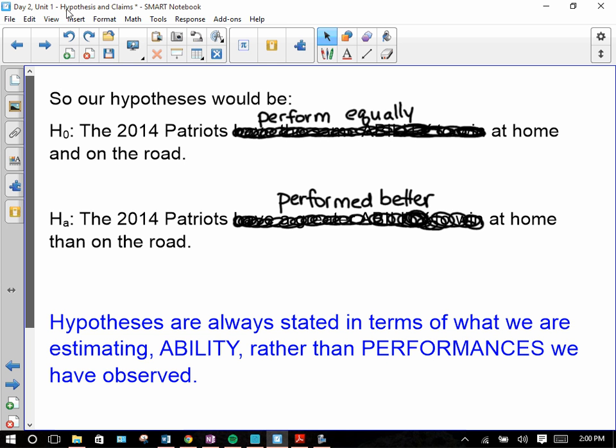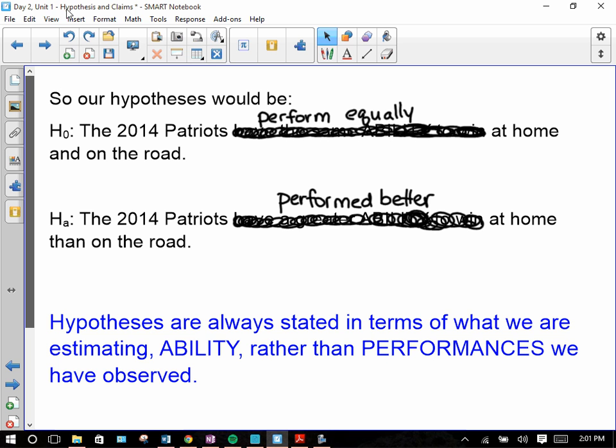We're not looking at performance, all right? We already know what our performances were. We don't need to make any hypotheses about our performance. We can look at the graphs at the beginning of class and see whether or not they perform better or worse at home and on the road. We don't want to make hypotheses about that.